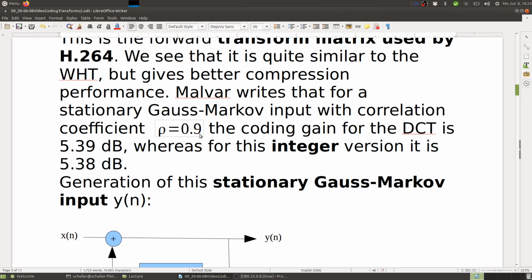Then you can compute the coding gain, and you obtain it in dB. This is also an estimation of how many bits you can save when you do the compression. The more dB coding gain you have, the more you save in bits for the compression.